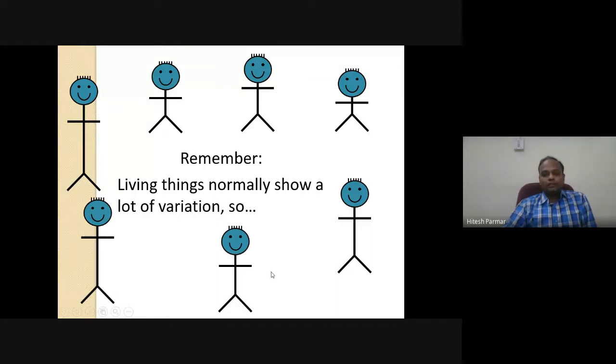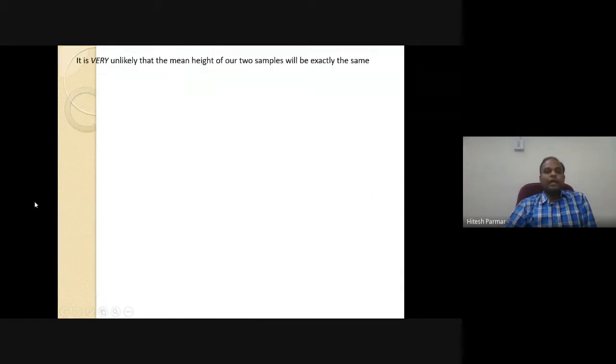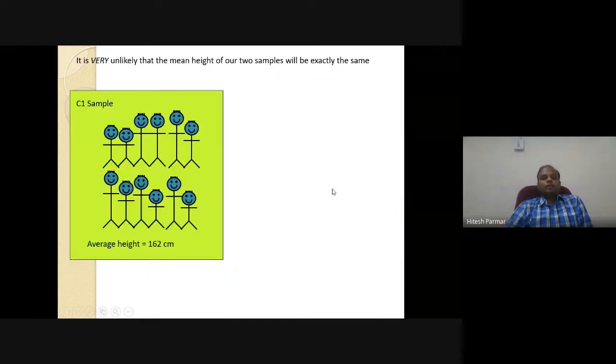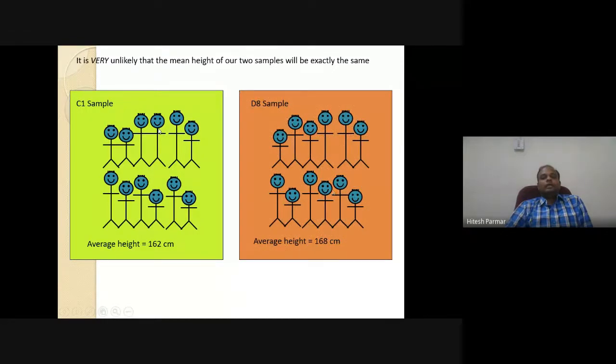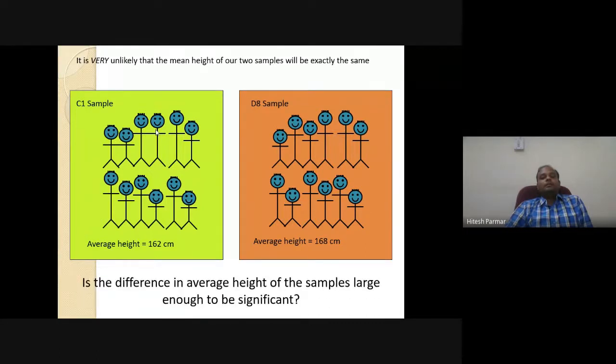And it is very unlikely that the mean height of our two samples will be exactly the same. So that is the reason we need to add mean and standard deviation.